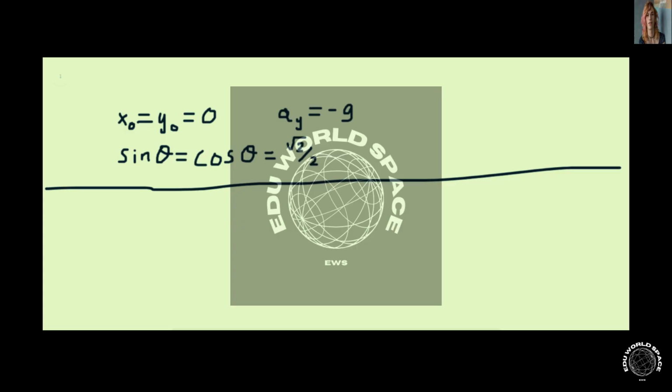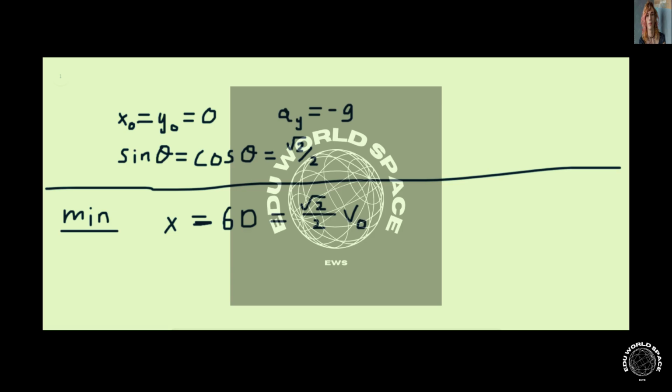So since we're asked to find a range, we're going to find a minimum and a maximum. So we're going to define this one as the minimum distance. So we'll just write min. For the minimum distance, x is equal to 6d, which is equal to root 2 over 2 times the velocity initially, v naught, because v naught times the cosine of theta is equal to the velocity in the x direction.